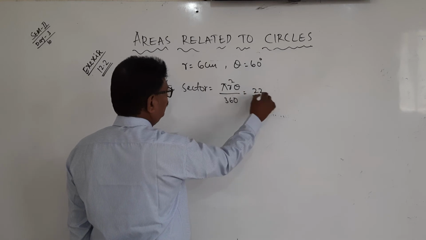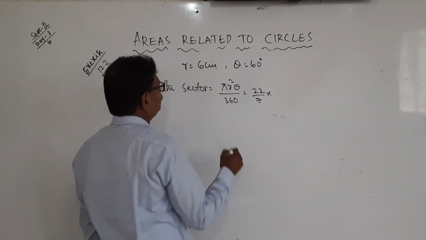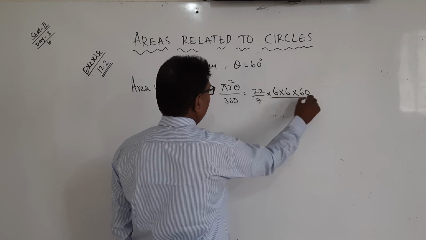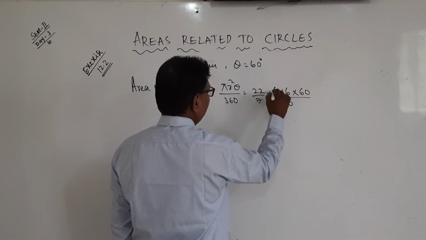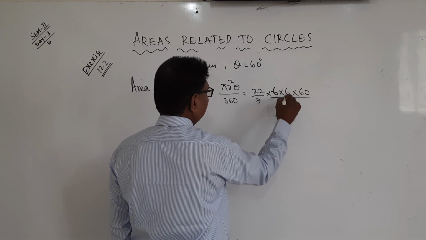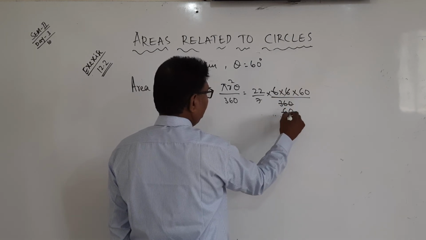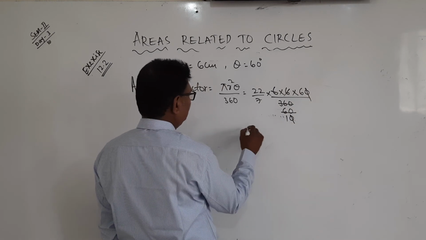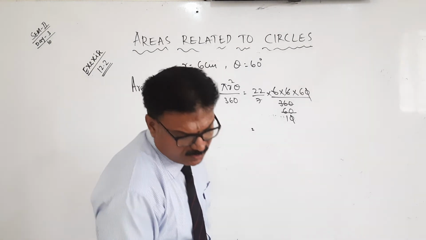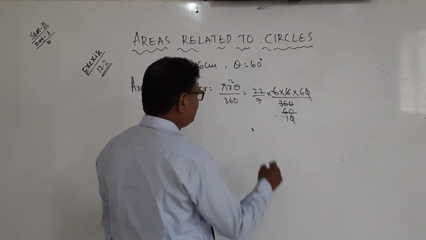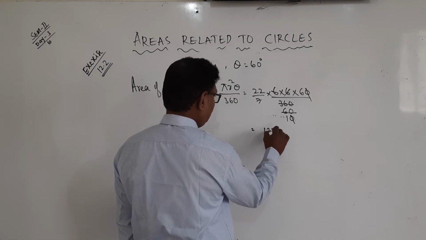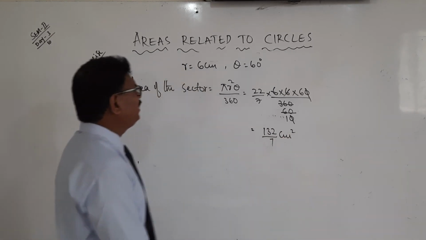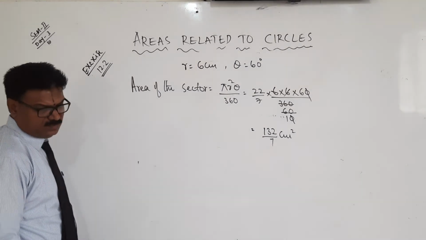It is nothing but 22 by 7 into 6 into 6 into 60 divided by 360. Cancelling, it is nothing but 132 by 7 centimeter square. Okay? Like this you can find out.